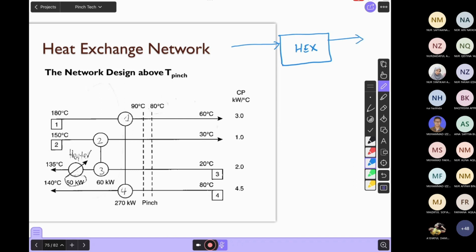So the hot stream inlet has 180 degrees Celsius and the outlet is 60 degrees Celsius. And then stream number 4, which is the cold stream, the inlet is at 80 degrees Celsius and the outlet is at 140 degrees Celsius. By looking at the drawing that I show in front of you, how many heat exchanger do you have?